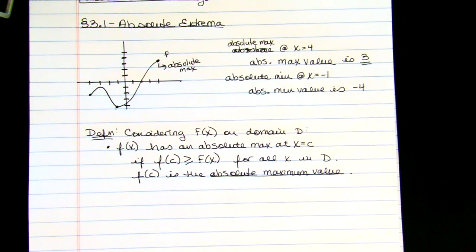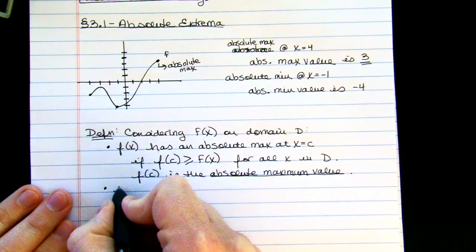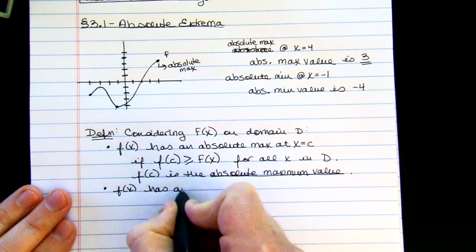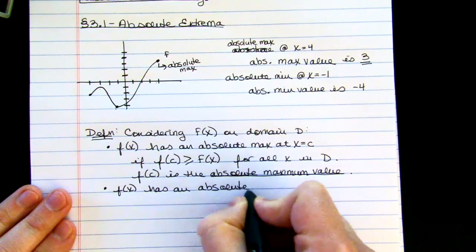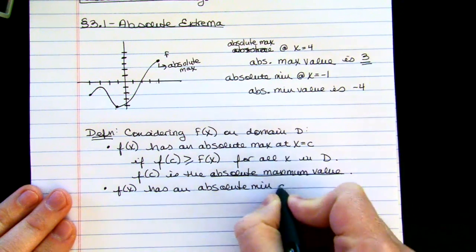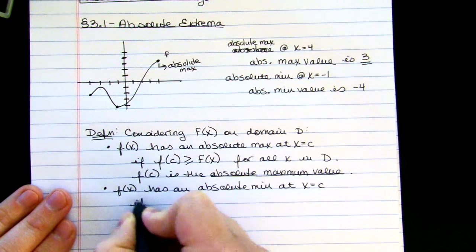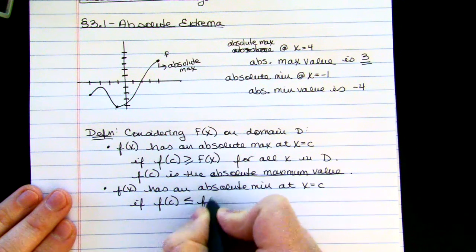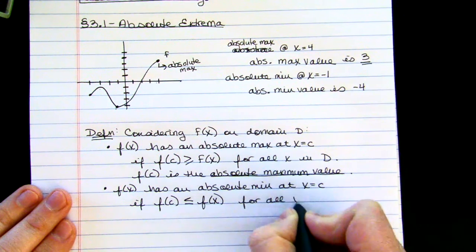Similarly, I'm going to define an absolute minimum in a similar way. I'm going to say that f of x has an absolute minimum at some particular x value, x equals c, if the y value there, f of c, is less than or equal to all the other y values for all the x's in my domain.